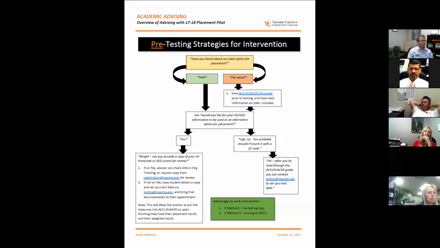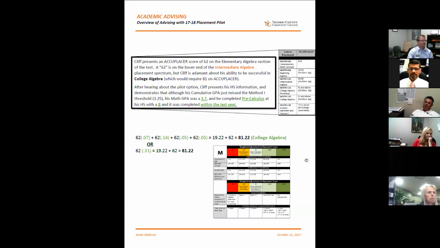So, and a note that I forgot to make in a previous slide here, this scenario could go the other way. So a student could just as easily come in, score a 62, which is on the lower end of intermediate algebra range, and be adamant about their ability to be successful, but present opposite information to us and actually adjust their score down into beginning algebra.